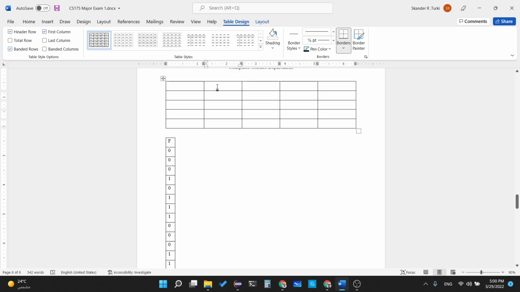Okay, so here we have 0, 0, 0, 1, 1, 1, 1, 0, 0, 0, 0, 1, 1, 1, 1, 0. Here we'll have A, B, C, D. Okay, so we have minterm 0. So let's color them.